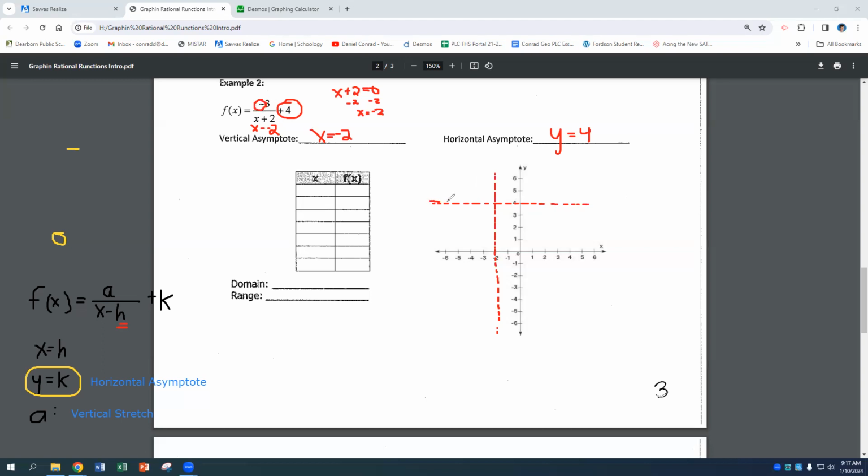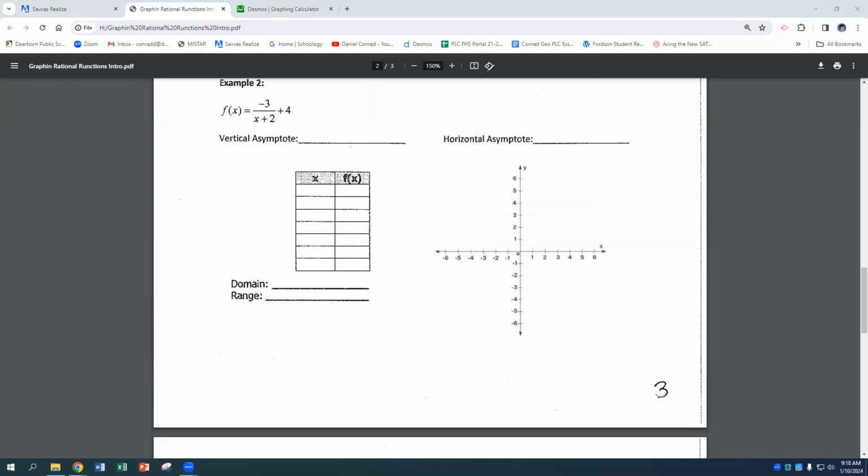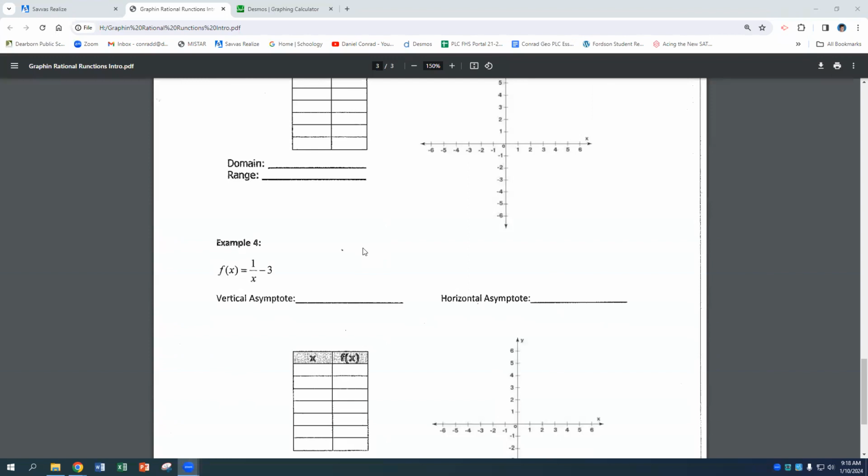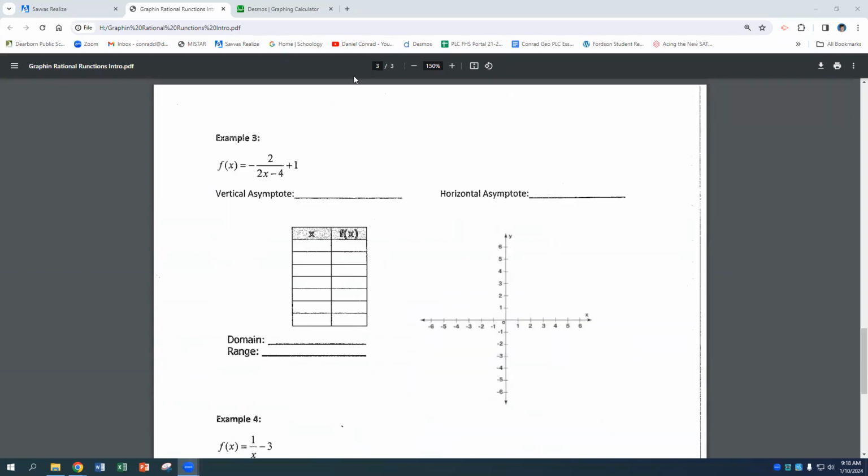So when I graph it, it's going to look like this, and like this. Right? Because it is negative. And we don't need to worry about the domain and range. All right, let's look at one more.